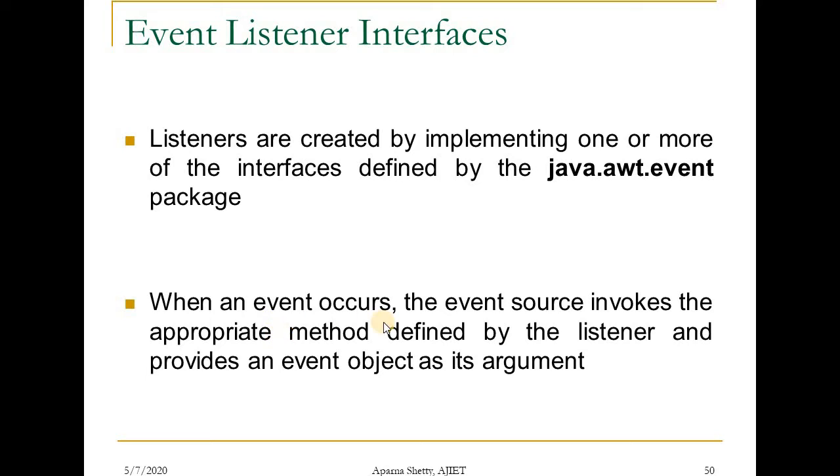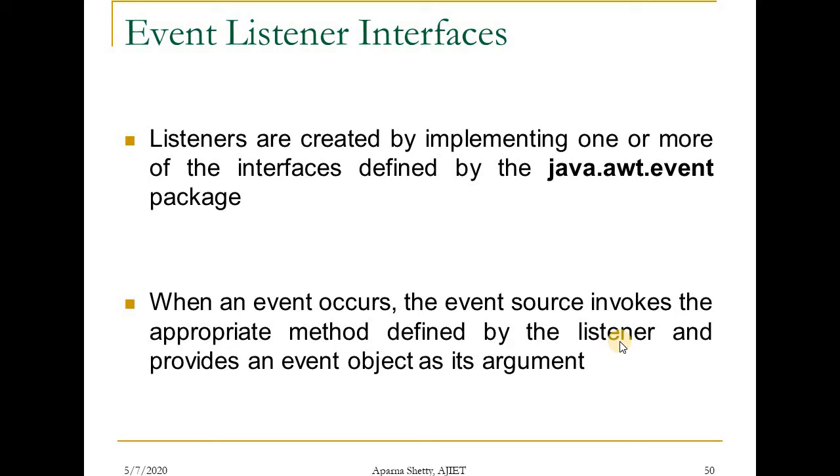When an event occurs, the event source invokes the appropriate method defined by the listener and provides an event object as its argument. So the source will pass the event object as the argument to that method.